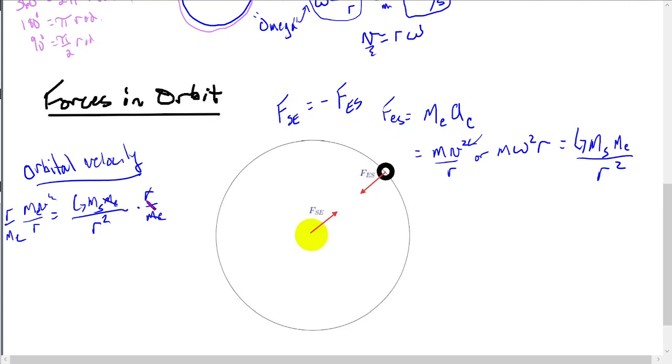That's going to cancel one of our radii, and that's going to leave us with v squared. So v squared is going to equal G times the mass of the sun over r, which is the radius. And so we would square root that.